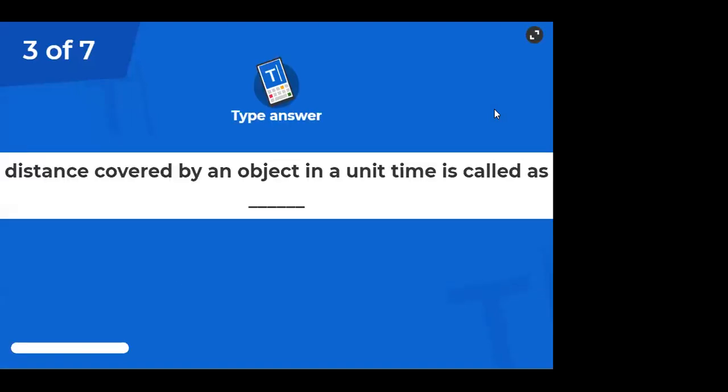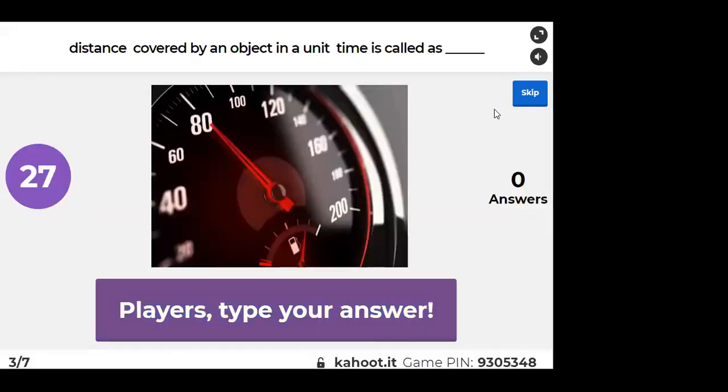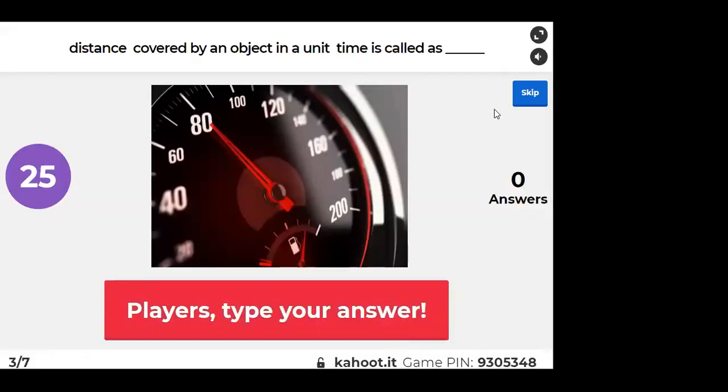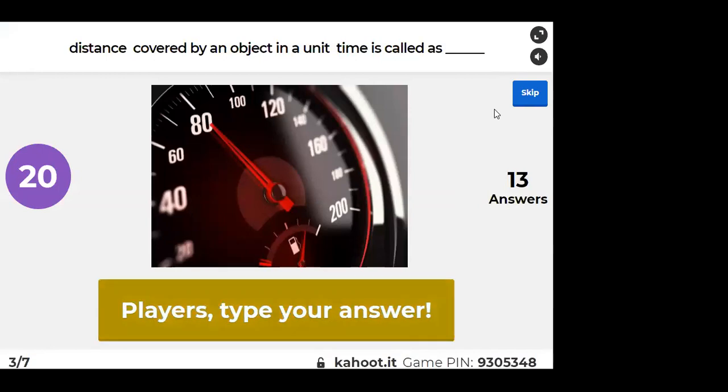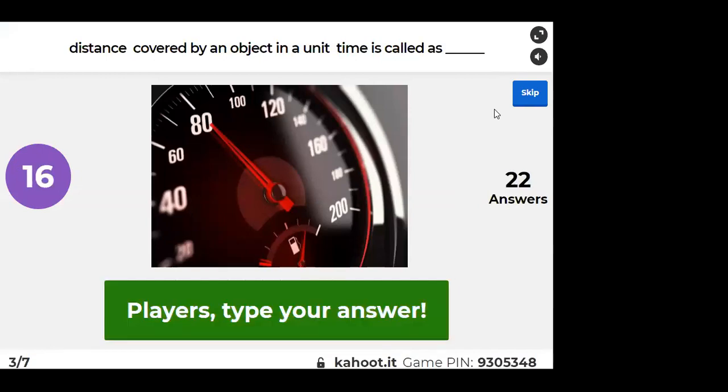Distance covered by an object in a unit time is called, you have to write it. Everyone, please make sure your spelling is correct.